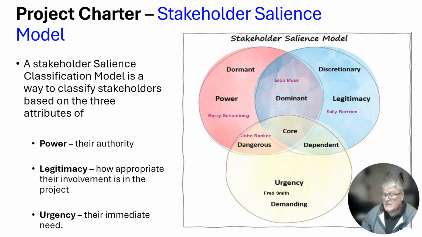Then legitimacy, which is how appropriate the stakeholder's involvement is on the project, and then urgency, their desire to get the project completed or wanting to see it occur. So this is called the stakeholder salience model, and as you can see, I've used names in there. You would plot that on there, and it gives you a graphical representation for easy analysis.